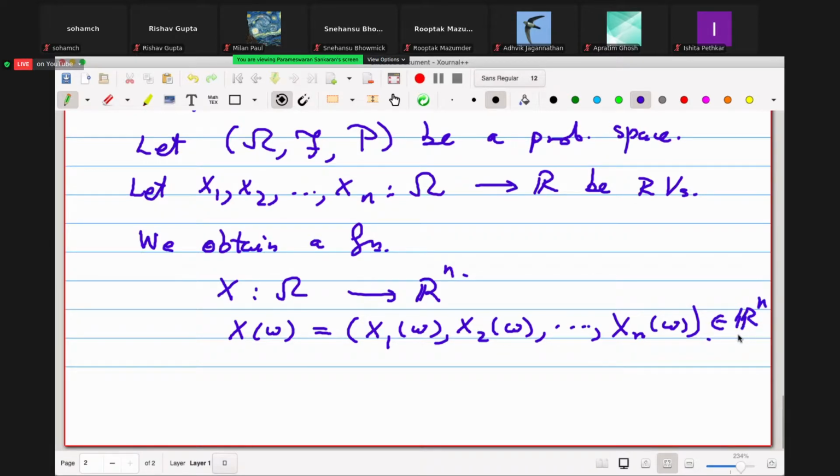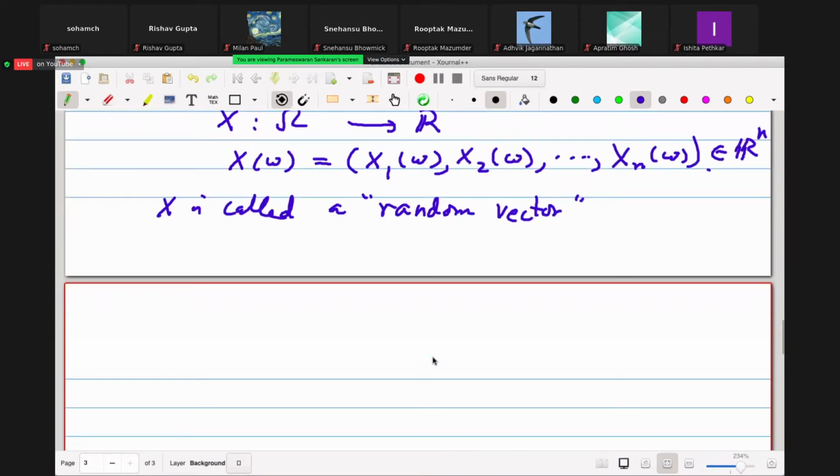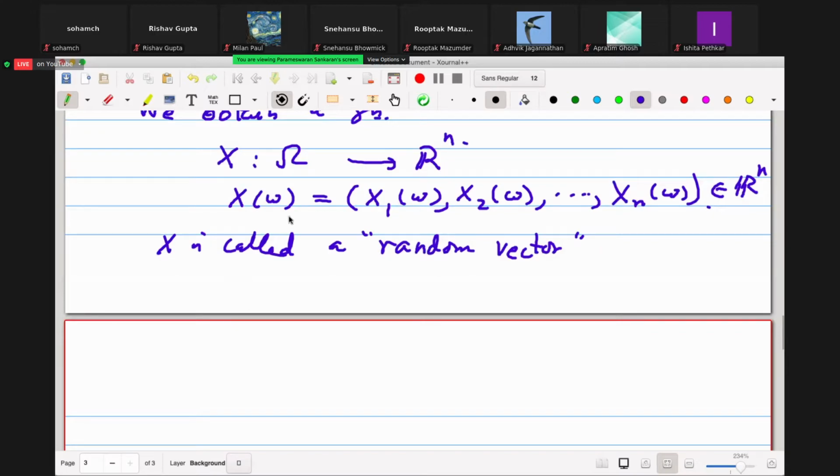That is why X is now called a random vector. I don't know why. If n is equal to 1, you don't call it a random scalar, you just call it a random variable. But anyway, it's just called a random vector. It's just a fancy name for something very familiar, just an n-tuple.